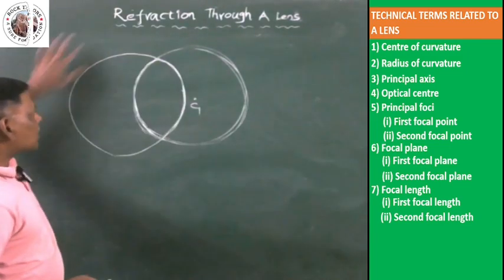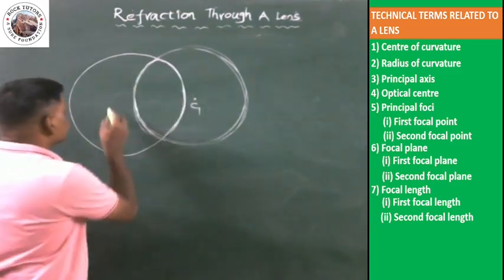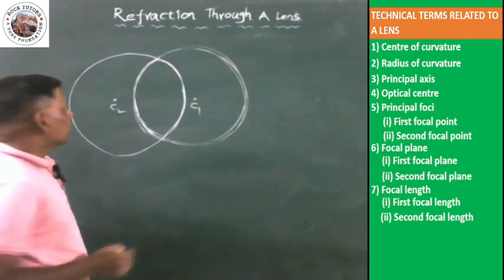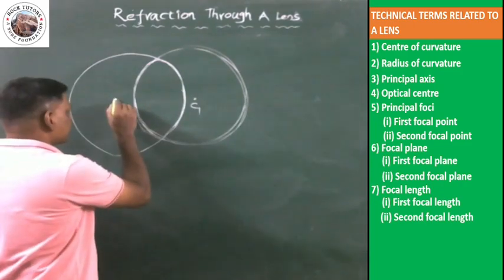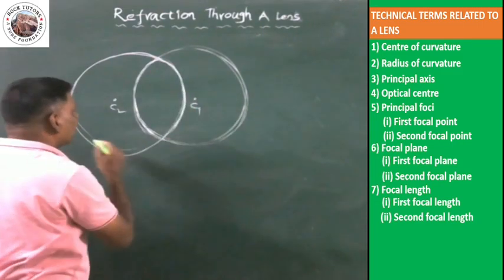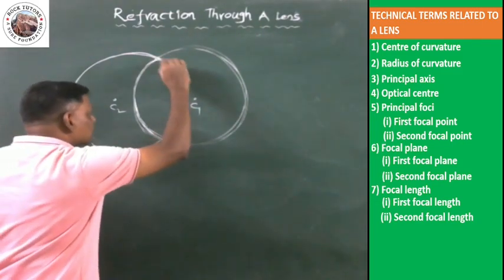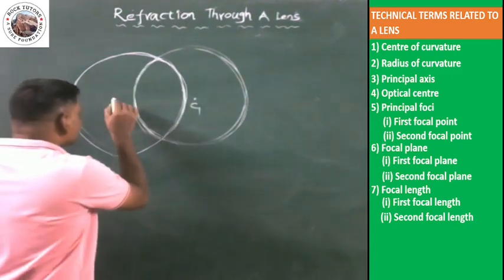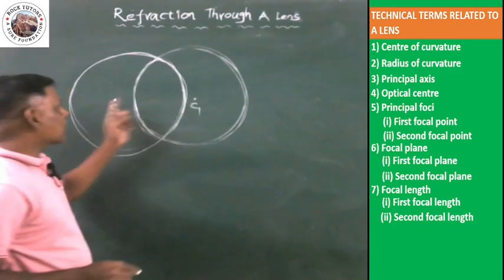This sphere also has a center, C2. This center is the center of the sphere and this curve is a part of this sphere. That's why this center is called a center of curvature.